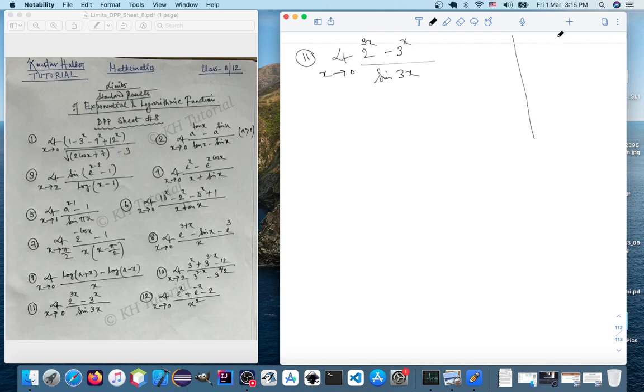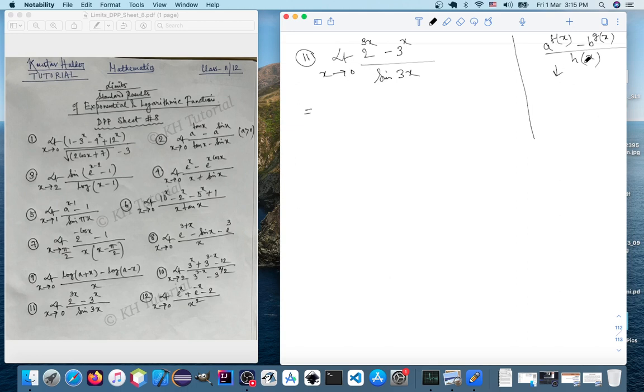When you have something like a to the power fx minus b to the power gx, and some other function.